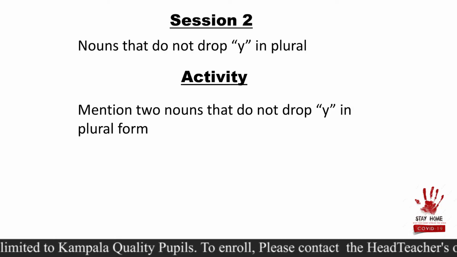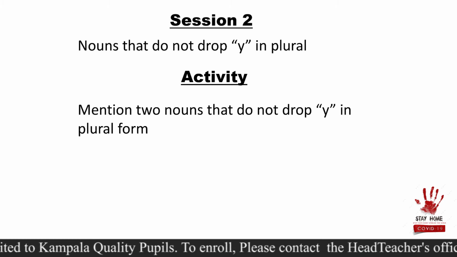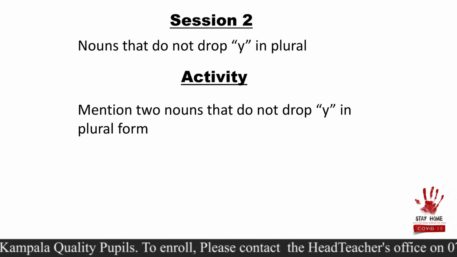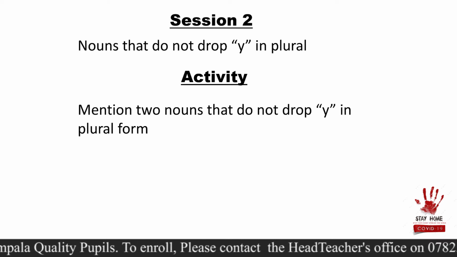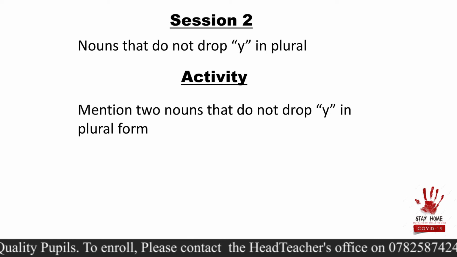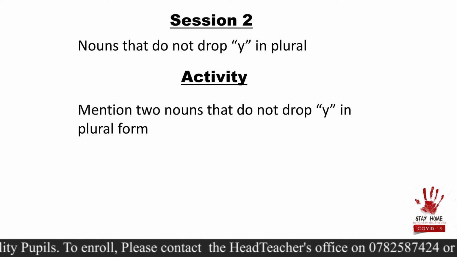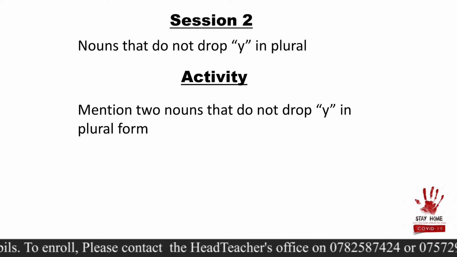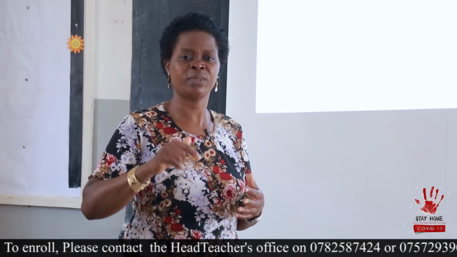Can you try to get some of them? That when you write them, the one following Y is just a vowel sound. You will just add S. I'm sure you're trying to sort out those ones which end with Y but are followed by a consonant.